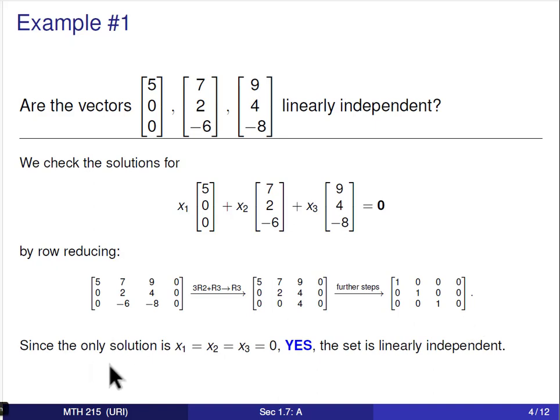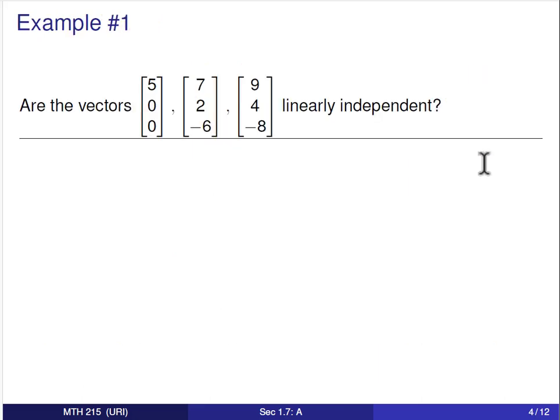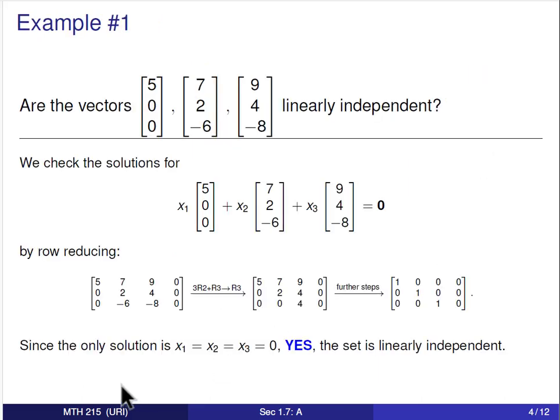So because that is the only solution to this vector equation, and it is the solution where every variable is set equal to 0, we say that yes, the set is linearly independent. Again, we're just looking exactly at this definition. If there's only one solution, which must inevitably be the trivial solution, which is the case here, then yes, the set is linearly independent.